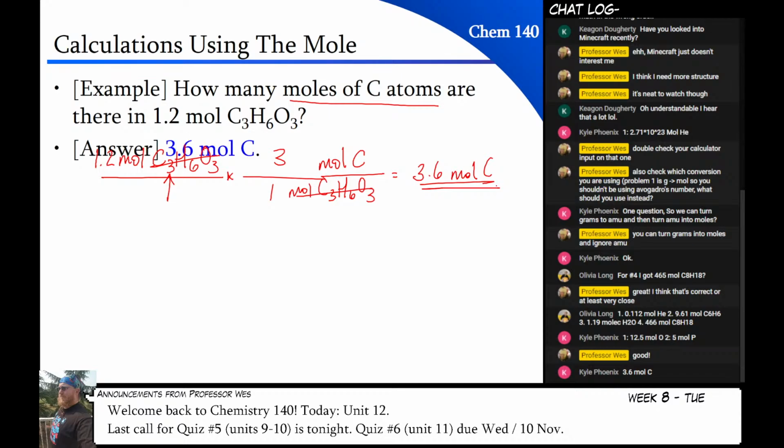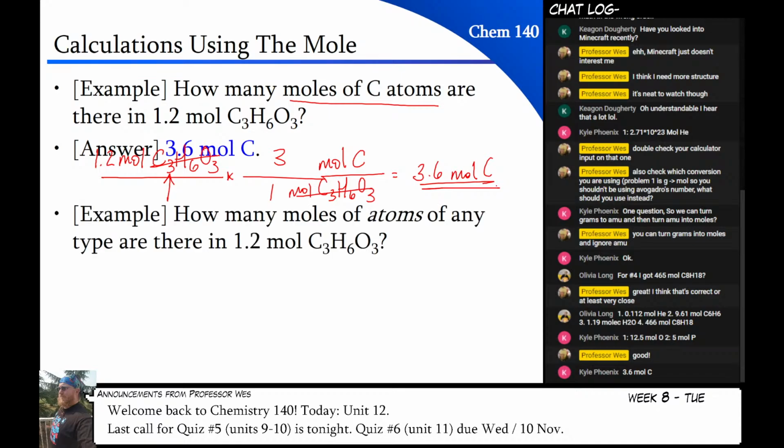All right. I'm going to skip this last problem because we are kind of out of time. But for a problem where it's asking you how many moles of atoms of any type, you would make a relationship like this. For 1 mole of C3H6O3, how many atoms of any type are there?